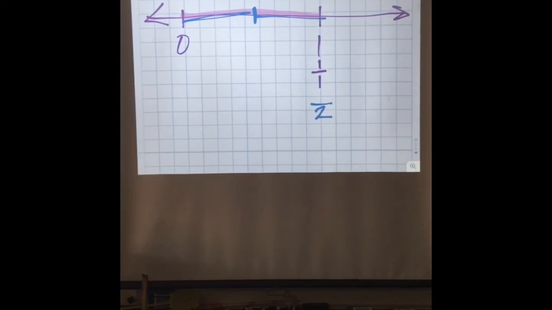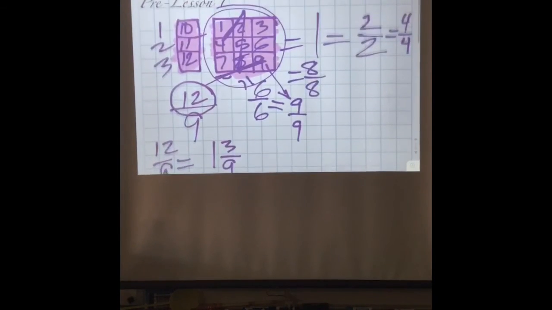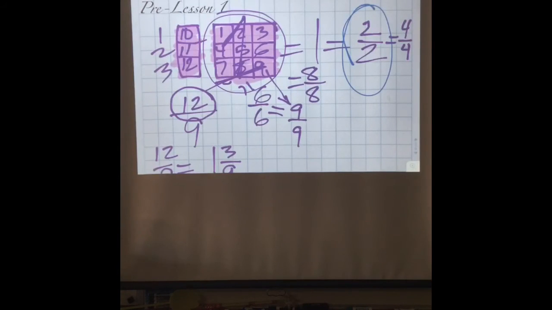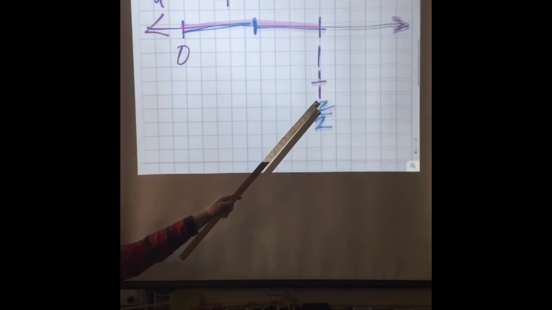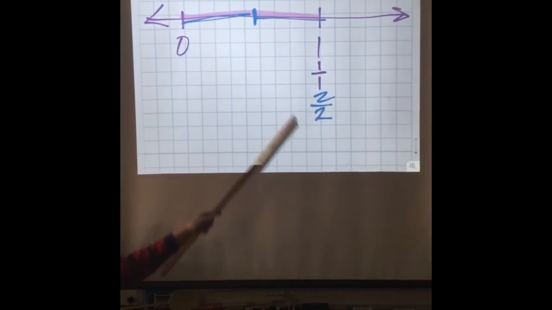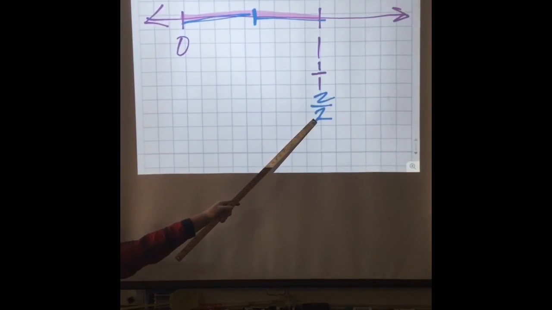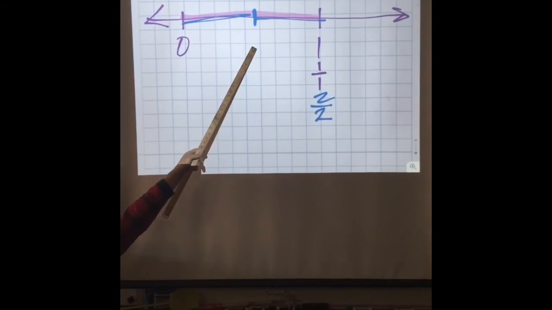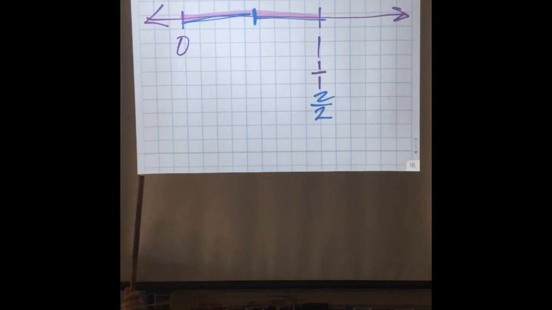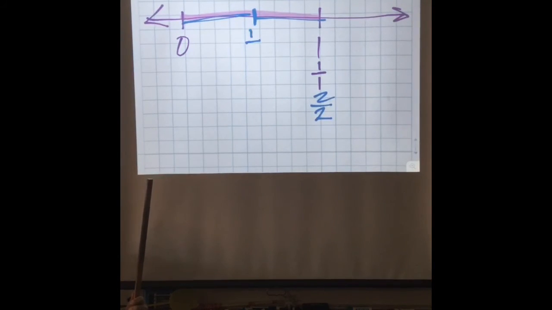I have both of them, don't I? So, as up here, remember we had a 2 over 2 right here? You see the 2 over 2? Yes. We did the same thing just now on the number line. We have a 2 over 2. Do you understand? What's that called? Half. It's called a half. We call it a 1 over 2.